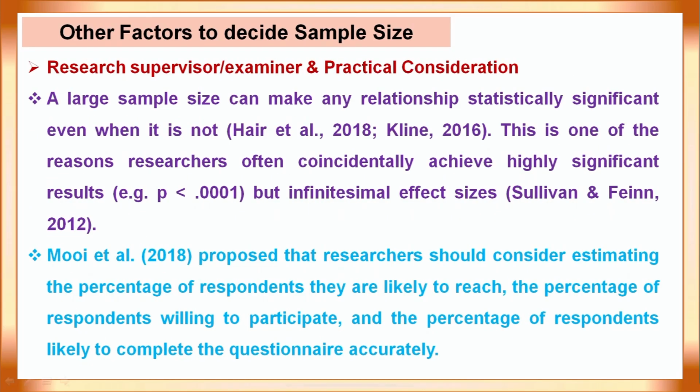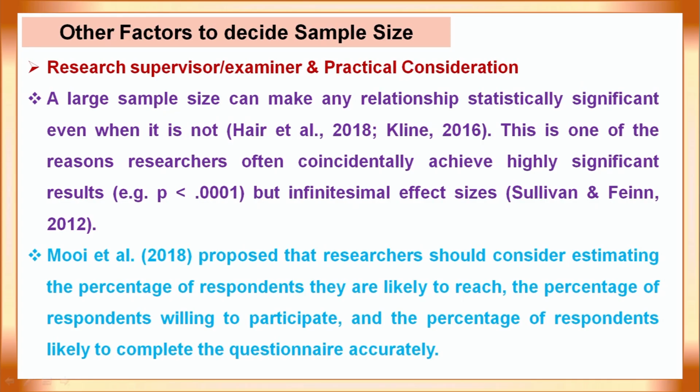These values actually vary a little bit based on the different opinions of different researchers. Also the sample size may be affected by your research supervisor as well as practical considerations. How much error or how much precision he agrees to accept, that is the important thing.